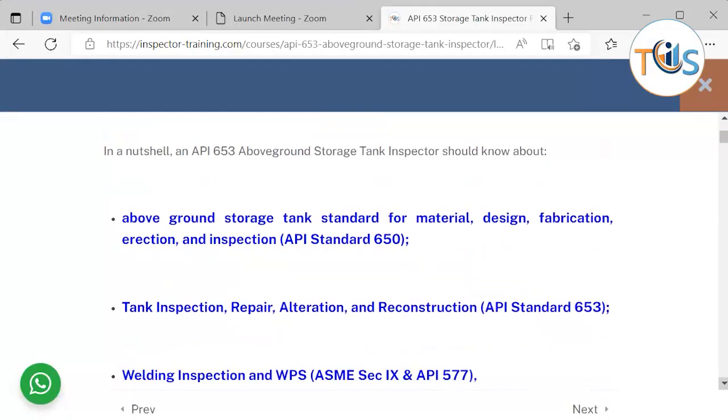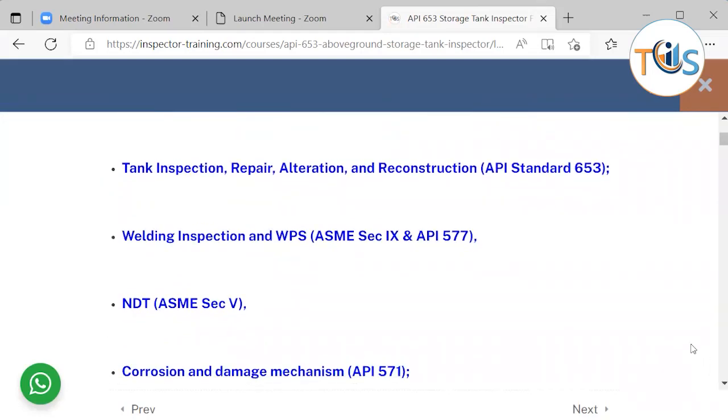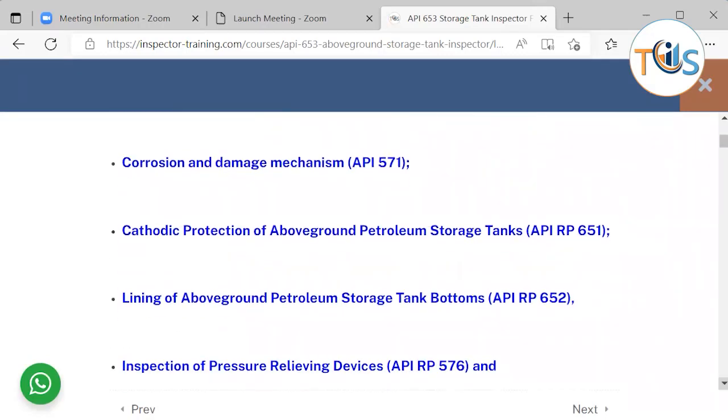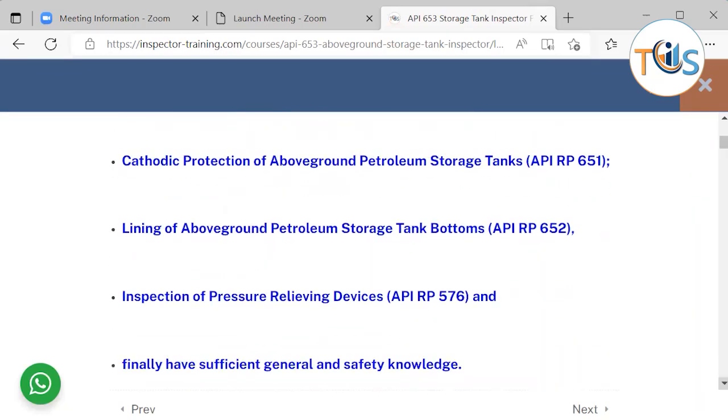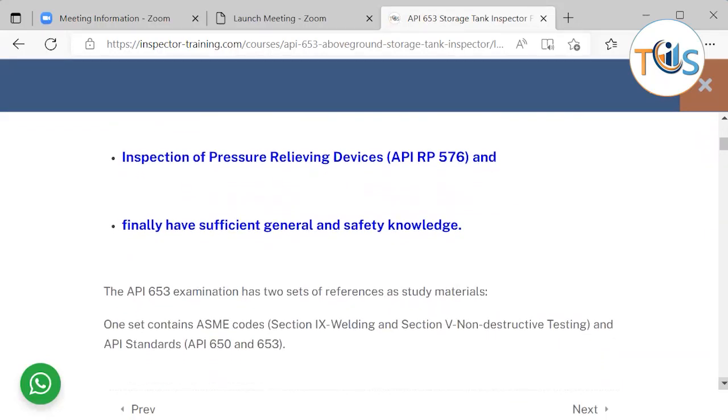In a nutshell, the API 653 authorized tank inspector should know about aboveground storage tank standards for material, design, fabrication, erection, and inspection: API standard 650; tank repair, alteration and reconstruction 653; weld inspection, WPS as per Section 9 and API 577; NDT as per Section 5; corrosion and damage mechanism 571; cathodic protection 651; lining 652; inspection of pressure relieving devices 576; and finally have sufficient general and safety knowledge.